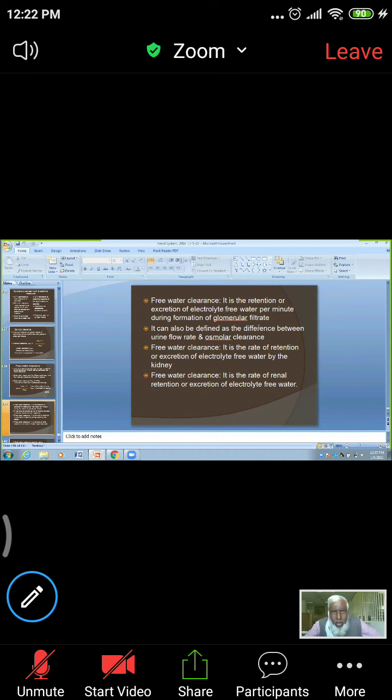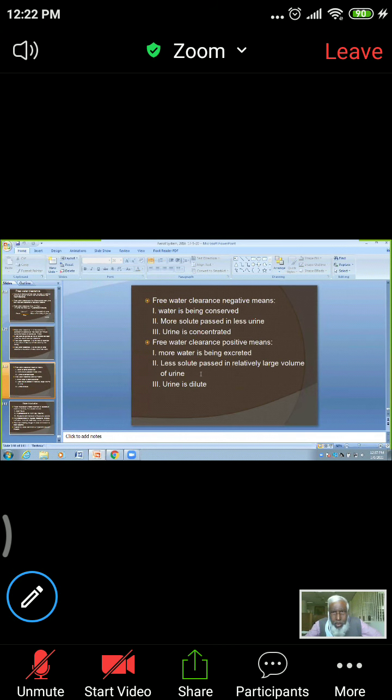Free water clearance negative means water is being conserved and more solute is passed in less urine. Free water clearance positive means more water is being excreted and less solute is passed, which means the urine is dilute.